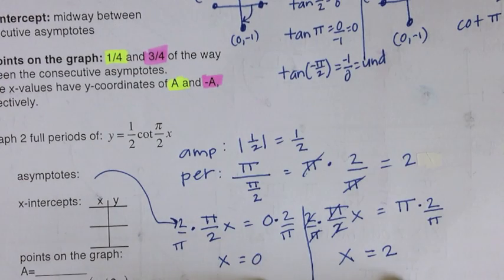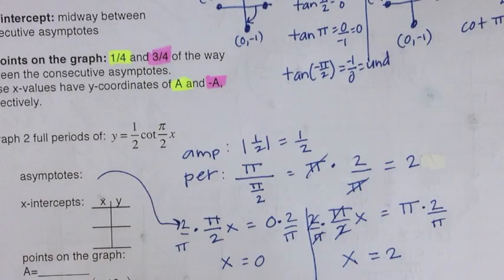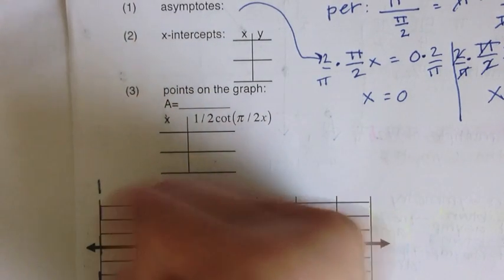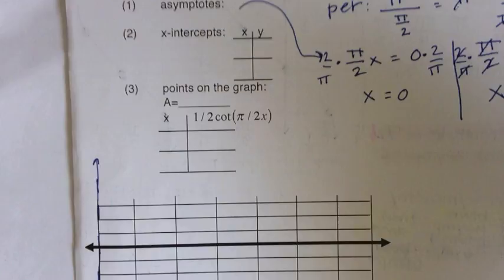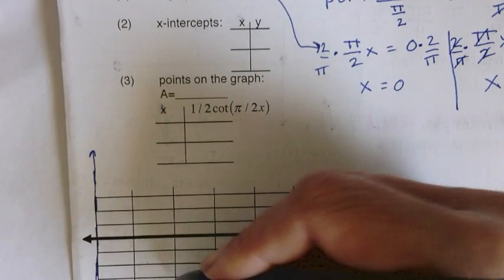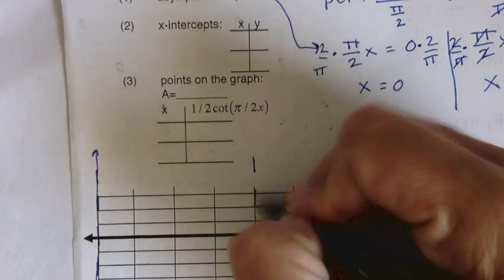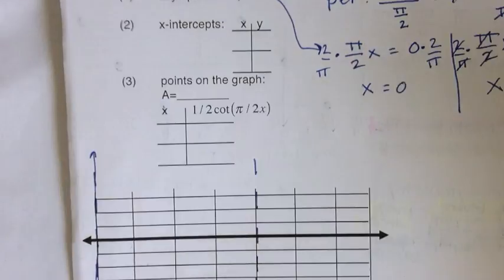Now look at the distance between my asymptotes. It's a distance of 2, which is confirmed by me seeing that I already calculated the period was 2. So you're going to go to your first mark at 0, which is also the y-axis, and count out 1, 2, 3, 4. Asymptote, it's going to be 2.